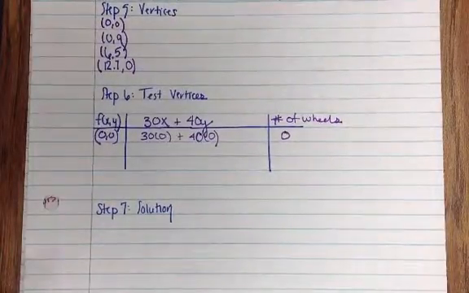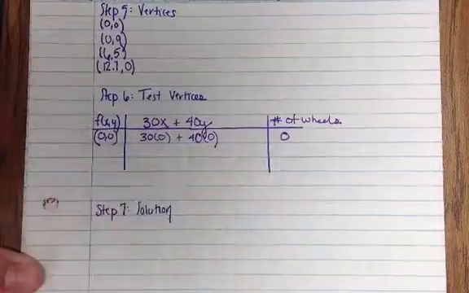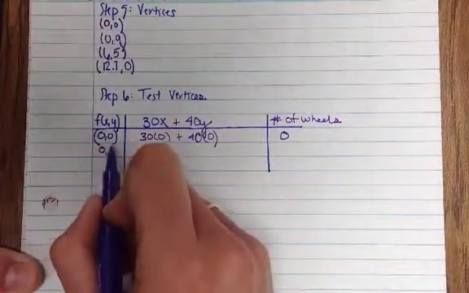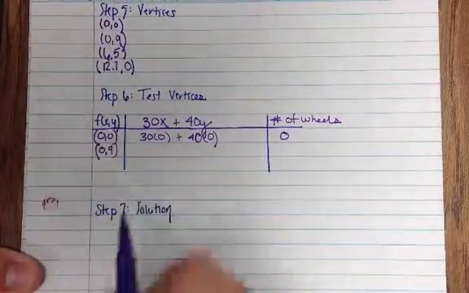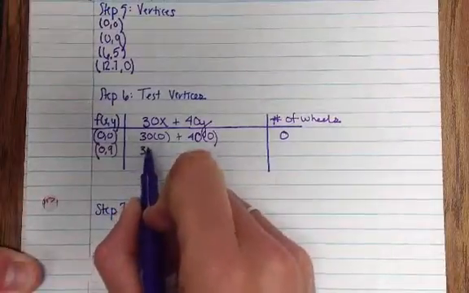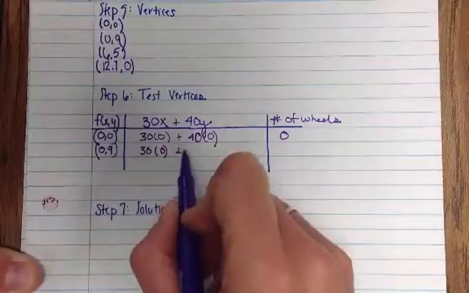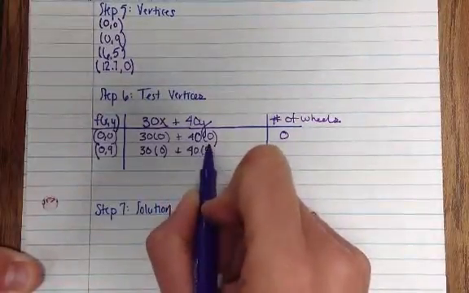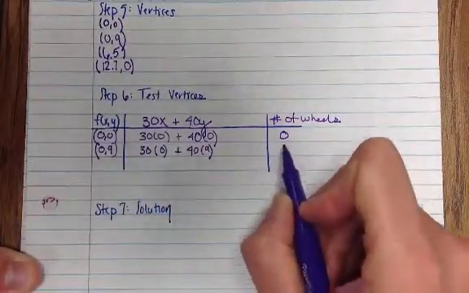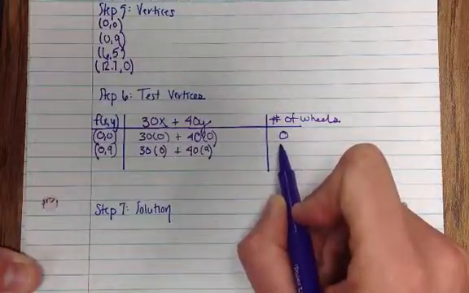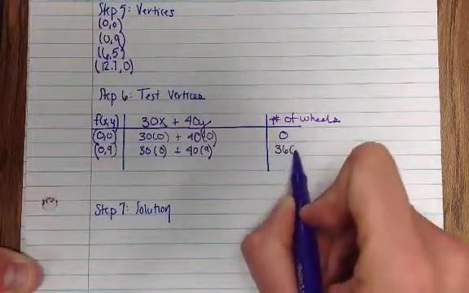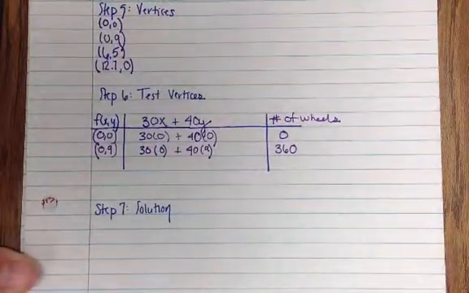So now we're going to look at our next one. So what if we only used machine B? So 0 and 9. So 30 times 0 plus 40 times 9 would be 40 times 9, which could produce 360.